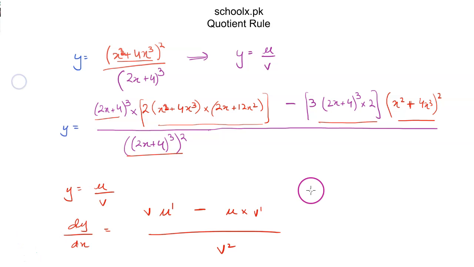And the denominator in this answer would be, this is squared, so this will be 6, right? 2 times 3 is 6.